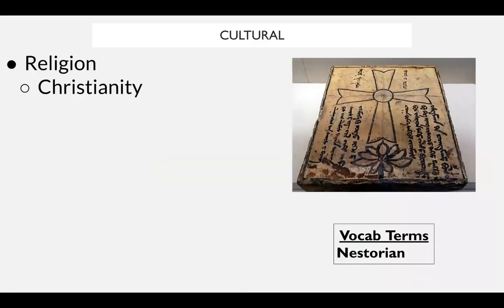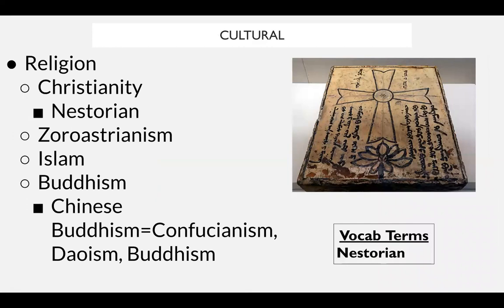But finally, one of the biggest things that is diffusing is religion. Yes, indeed, religion diffuses with trade. And because of diffusion, we see examples of syncretism. So let's see a little bit about the religions that are spreading. For one thing, things like Christianity will spread. We will see the development of a syncretic Christian religion called Nestorian Christianity.